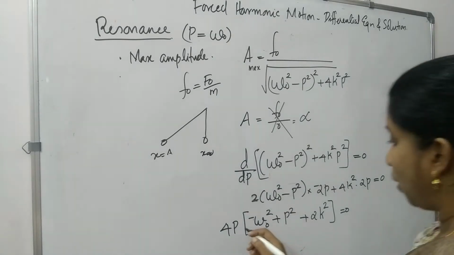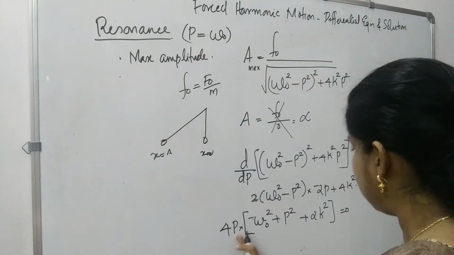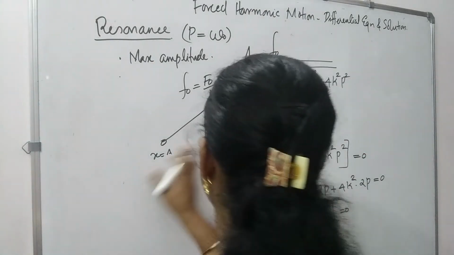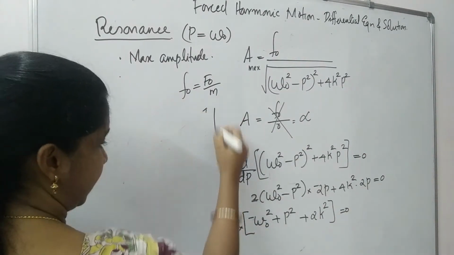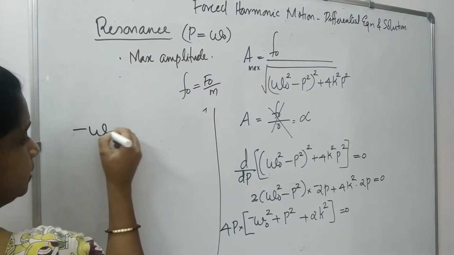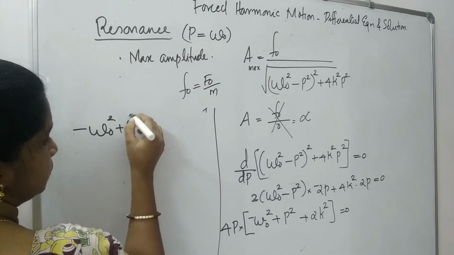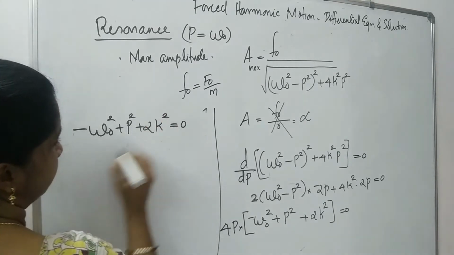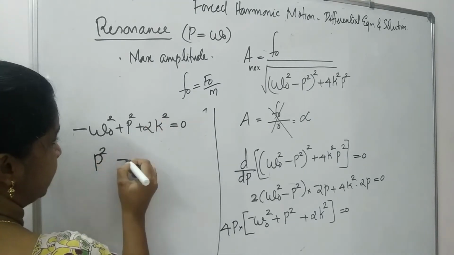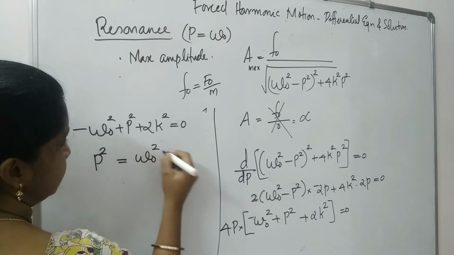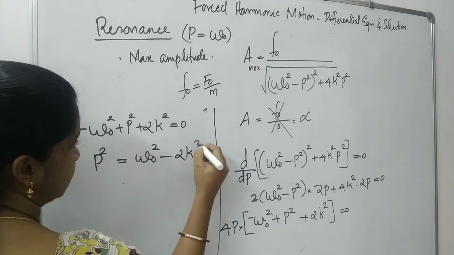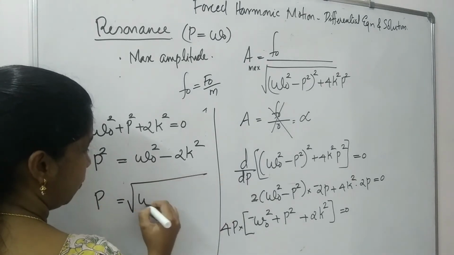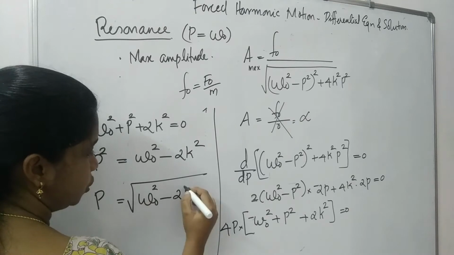The product of two terms, 4p into this term, is equal to 0. 4p has a value, so it is not equal to 0. Therefore we can write minus omega 0 square plus p square plus 2k square equal to 0. From this, p square is equal to omega 0 square minus 2k square, or p is equal to root of omega 0 square minus 2k square.